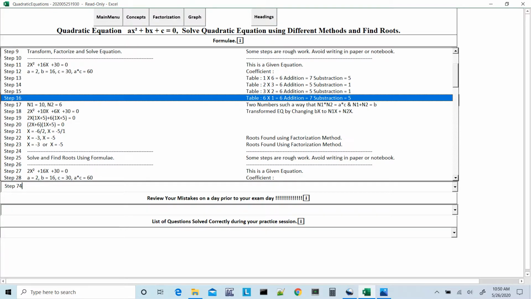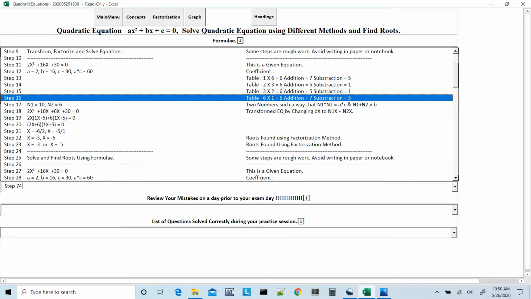So this equation becomes 2x plus 6 into bracket x plus 5, which is equal to 0. What does that mean? As I mentioned, either 2x plus 6 is equal to 0 or x plus 5 is equal to 0. That step I have missed here, but in a future sheet I will include that step.